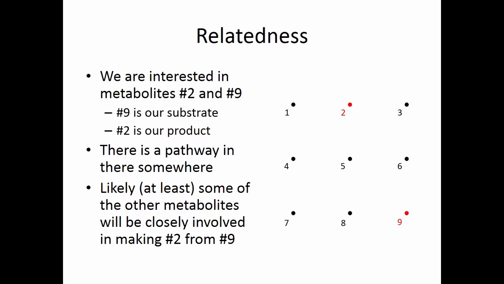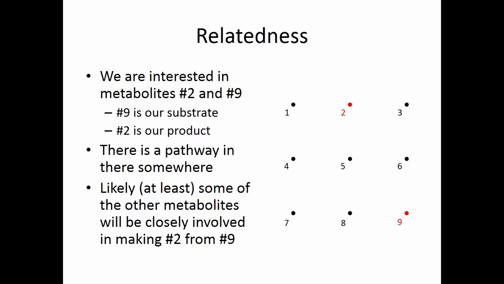So we can address this in a variety of ways. There are a few different techniques we can use to begin to assess this. First of all, we can start by saying we're going to be interested in this pot of 9 metabolites for a reason. We're interested in metabolites number 2 and number 9.